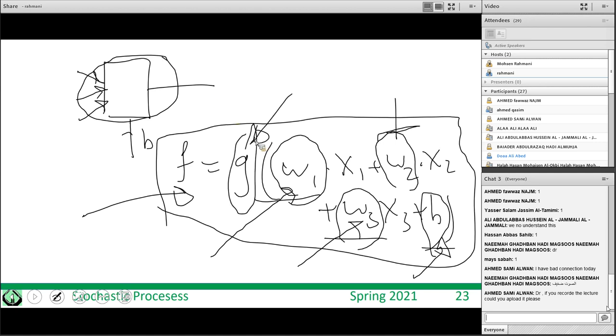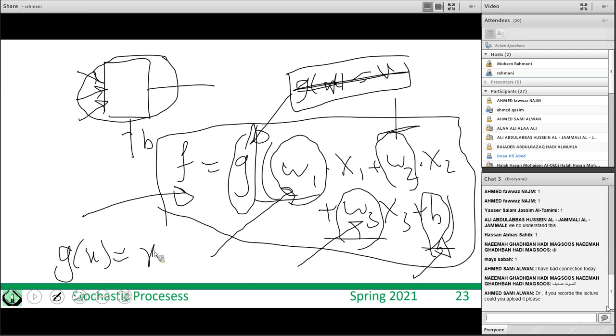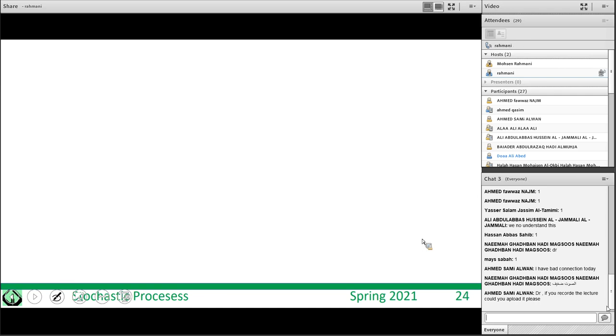In my example, G was the identity function, meaning G of X is X. But generally this is not true; G of X is not X. In general there might also be a bias, but the solution is similar.